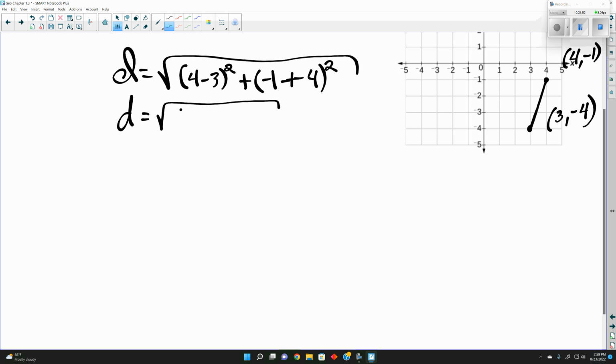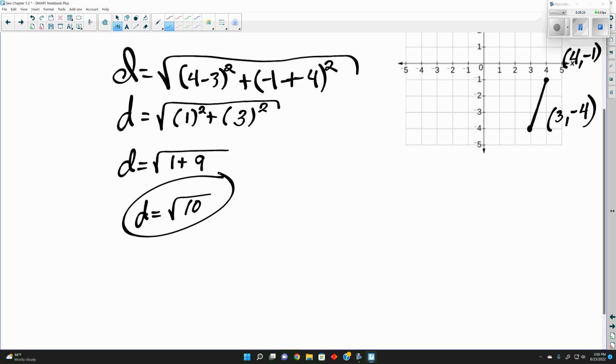Now, 4 minus 3 is 1 squared. So negative 1 plus 4, 4 minus 1 is 3. Now 1 squared, 1 times 1 is 1. 3 squared, 3 times 3 is 9. 1 plus 9.